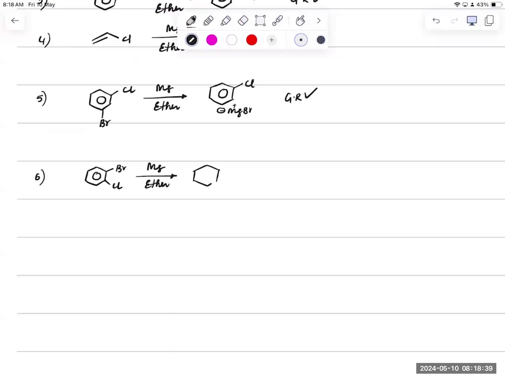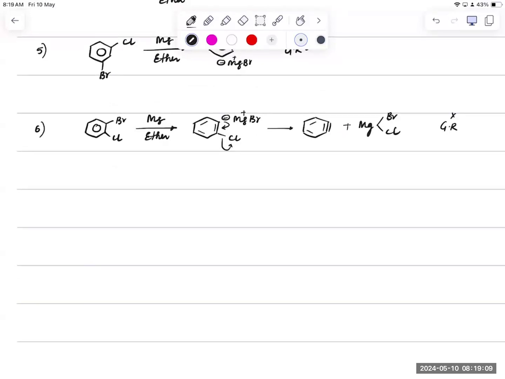First we will get a minus charge here with Mg plus and Br minus, and we have Cl here. So internally again this will push, this group will come out. Thereby we will get a benzyne intermediate, and we'll get MgBr and Cl like this. So instead of getting Grignard's reagent, no Grignard's reagent is formed.